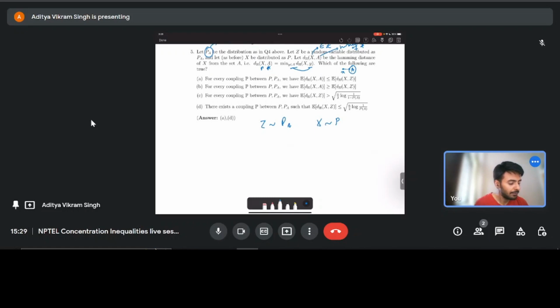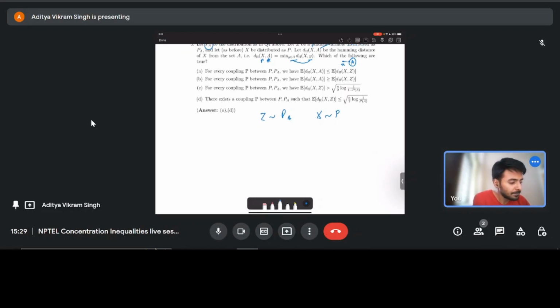For every coupling we have, let's see. If we have this Hamming distance between x and A, and we have this Hamming distance between x and z, and Z is coming from PA, PA is supported only on the set A. So when you sample Z, Z will also always belong to the set A. So what we can say is that the Hamming distance between x comma A will be less than or equal to the Hamming distance between x and Z. This is true because for finding the Hamming distance between x and A, we find some point in A which is closest to x.